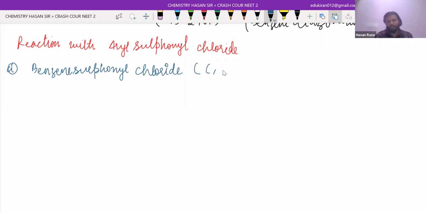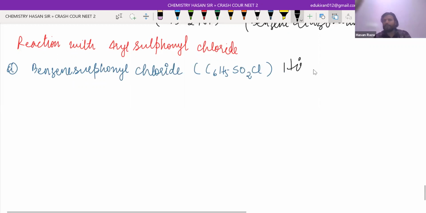Benzene has a formula C6H5, but sulfonyl chloride is connected. So this will be the formula of benzene sulfonyl chloride, which is also known as Hinsberg's reagent.